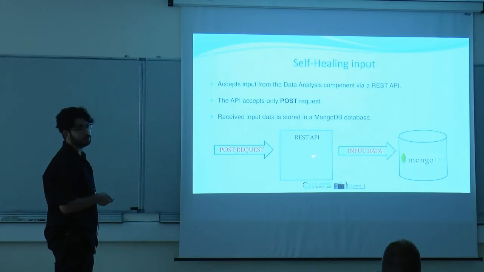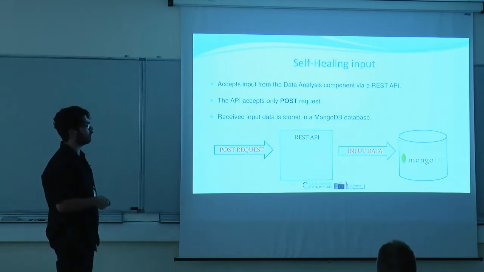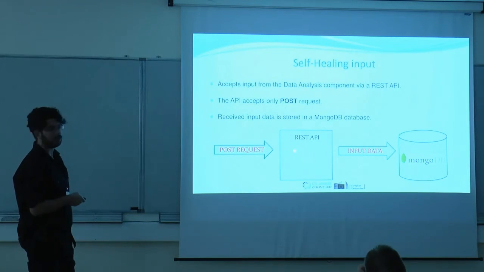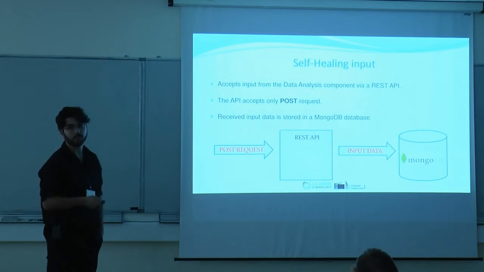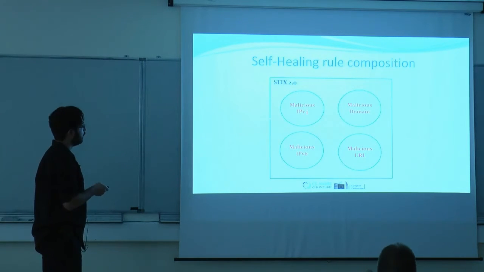Self-healing accepts input from the data analysis component, which is another component of CS-Aware. The API accepts only POST requests. We get the POST requests via REST API, and they are stored in a MongoDB database. Here is a representation of a STIX package.